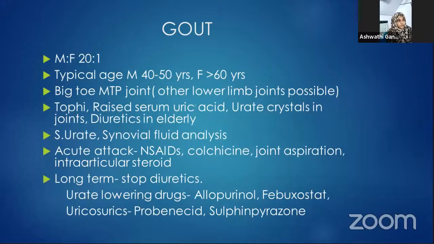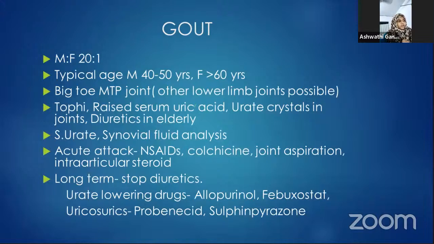These all are diagnostic. But we have to note that in acute phases of gout, that is in acute flares, the serum uric acid may be perfectly normal. Due to the acute inflammatory process, uric acid will be low. So synovial fluid analysis, ESR, CRP should guide the diagnosis.